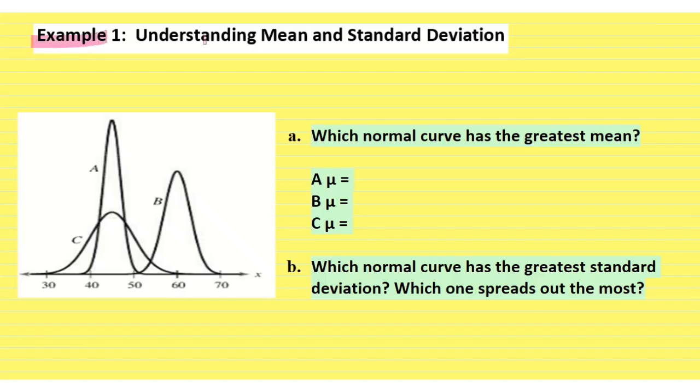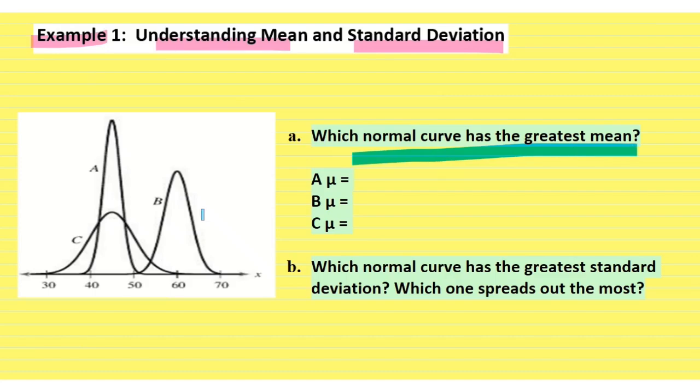So this is an example to help us understand how the mean and standard deviation are related to the normal curve. Our question says, which normal curve has the greatest mean? Well, on curve A, the mean is right there in the middle. So that's about 45. Then we've got curve B, and its mean is right there in the middle, at 60.